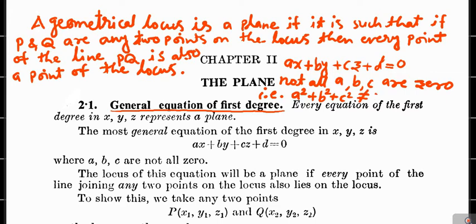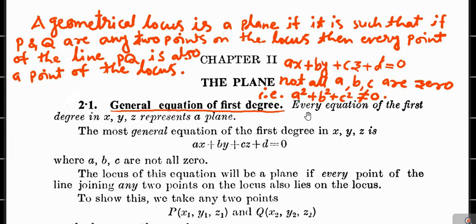As we know, a square plus b square plus c square will be equal to 0 only when all a, b, c are 0 at the same time. So the equation ax plus by plus cz plus d equal to 0 will be a first degree equation if a, b, c are not 0 at the same time, which means that a square plus b square plus c square is not equal to 0.